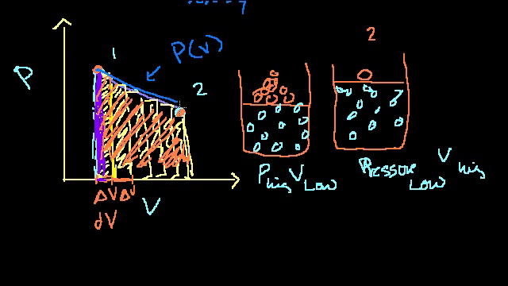So it's pressure as a function of volume. So the area under this curve is the integral of the pressure as a function of volume, that's the height at any point, times our very small change in volume. And you take the sum from our starting volume, so volume initial, to volume final.